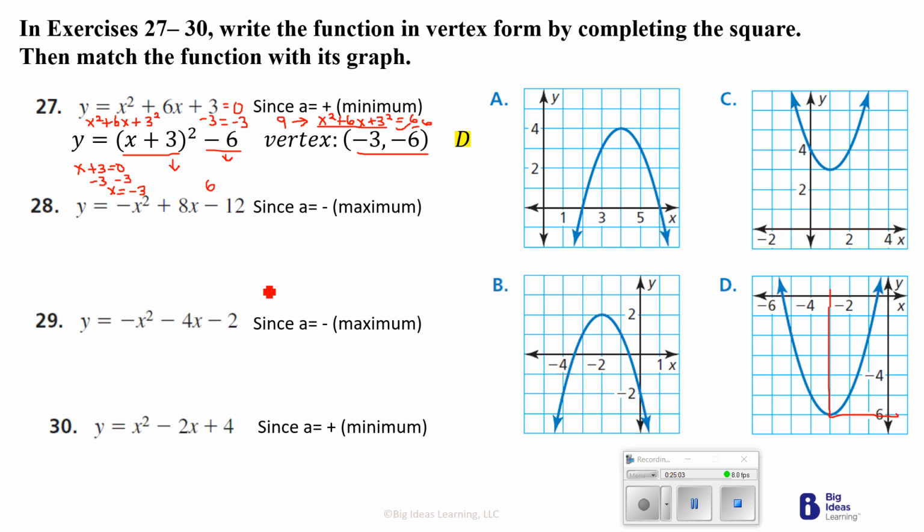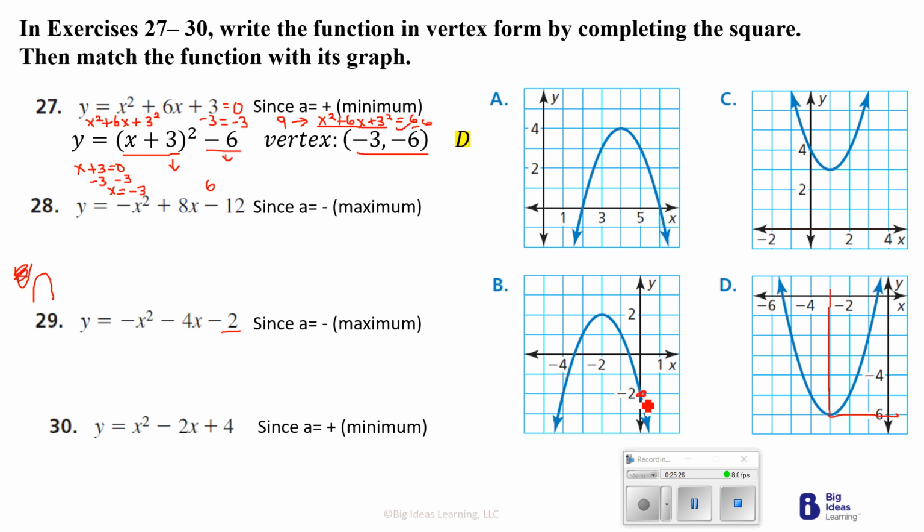At this point, I guess I should factor out that negative first. And by having this negative, we knew that our parabola won't be like this, it'll actually be like this. So we knew it had to be A or B. And we also knew it had to cross through -2, which was a giveaway.